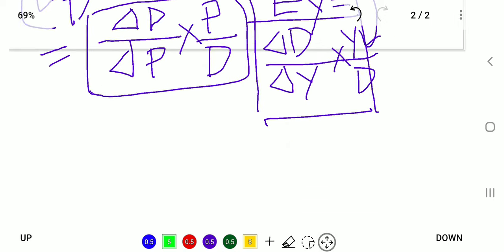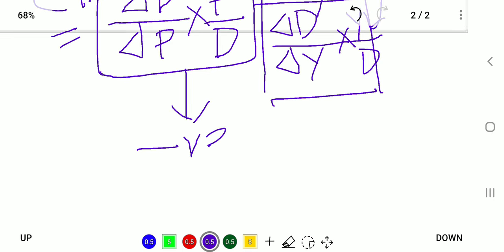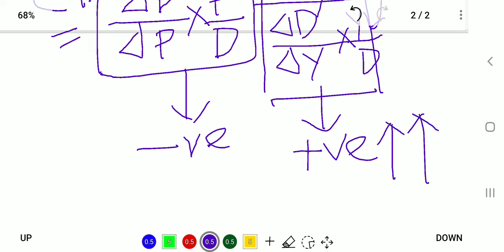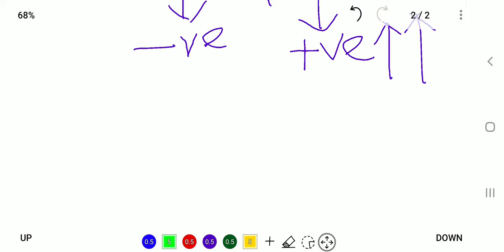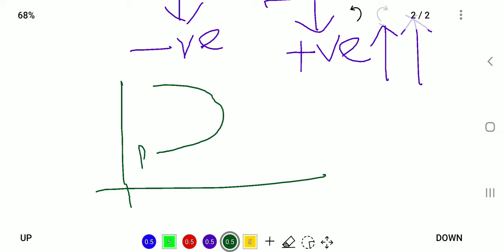So one little thing to remember: price elasticity is always negative and income elasticity is always positive, because there is a direct relationship between income and demand. An exception is there for income elasticity, that is for inferior goods, the demand curve is like U-shaped.